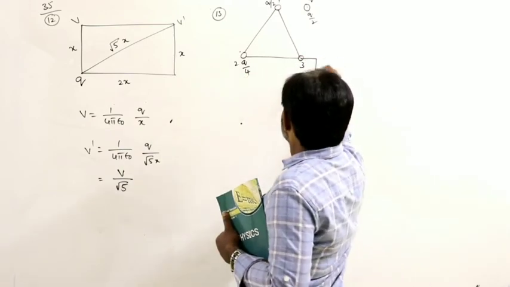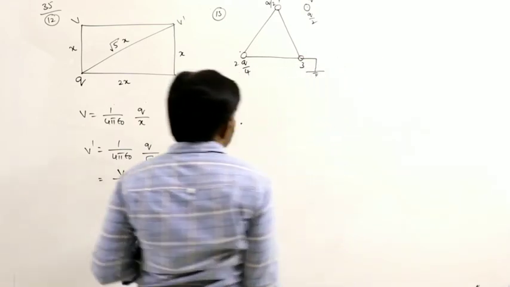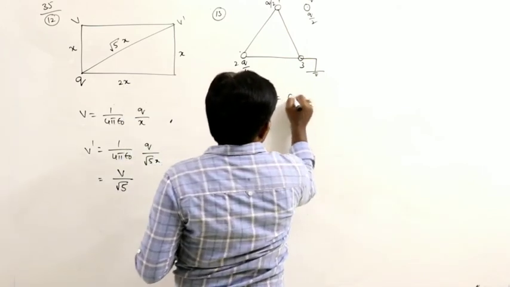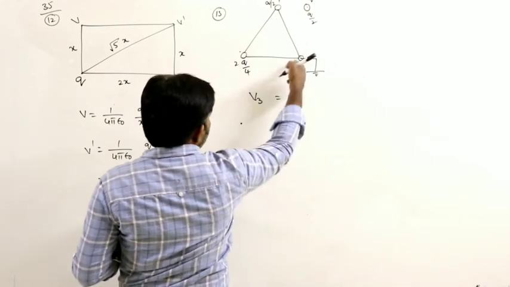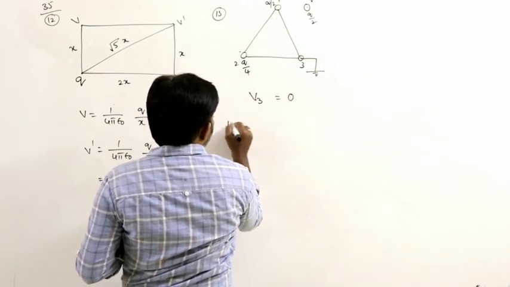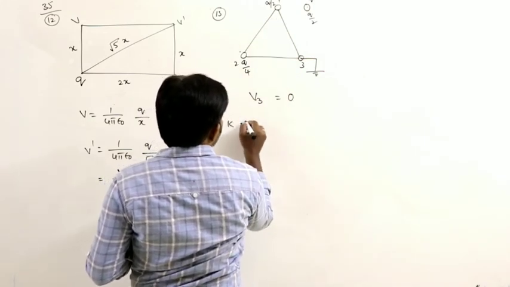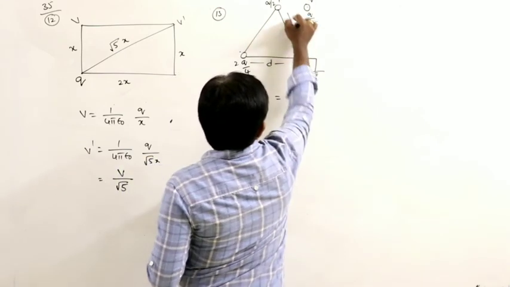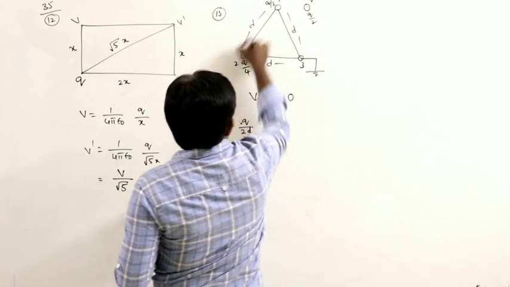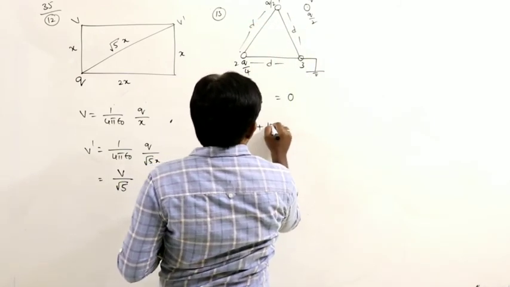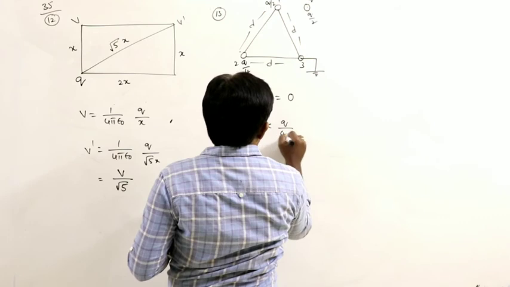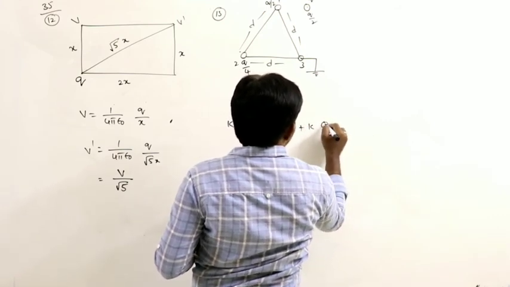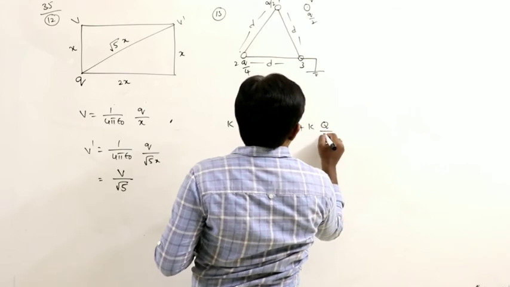Now the sphere 3 is earthed. Sphere 3 is earthed means potential due to sphere 3 is 0. Potential due to the first sphere at this position is k, 1 by 4 pi epsilon, considered q by 2d, so this is d, plus k into q by 4d, plus k into q by r.